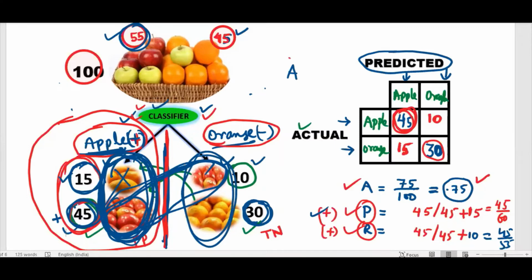These are positive, these are negative. So out of predicted apples, predicted positive, how many are positive? How many are apples? That is P. P, they are matching. That way you can remember. Recall means actual. Out of actual apples, how many were identified as apples by the classifier? That's all. So this divided by whole, this divided by this. That way you can remember.